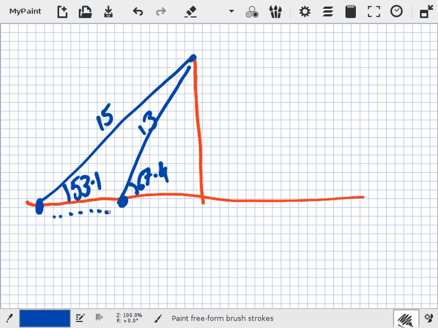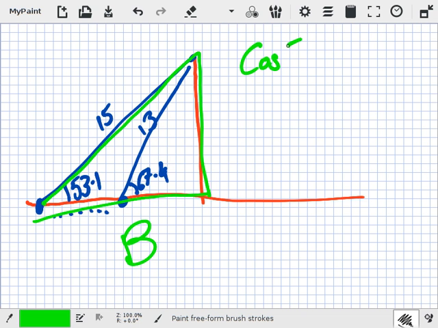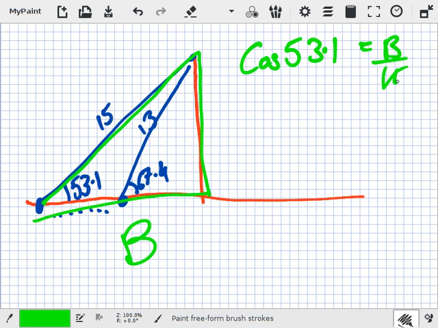Okay? So look, if you look at this triangle, this big one here, it's a right angle triangle, we have enough information to get the base. I'll call the base B. You could say cos 53.1 equals B over 15.